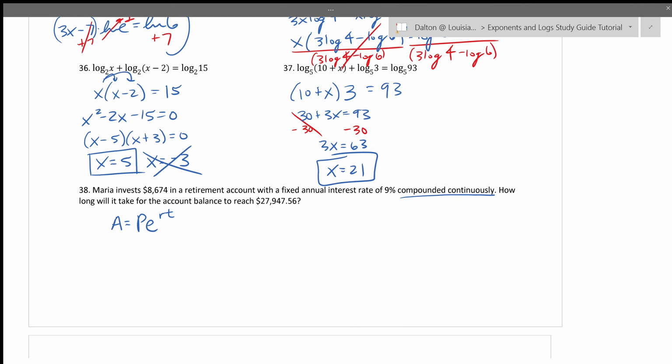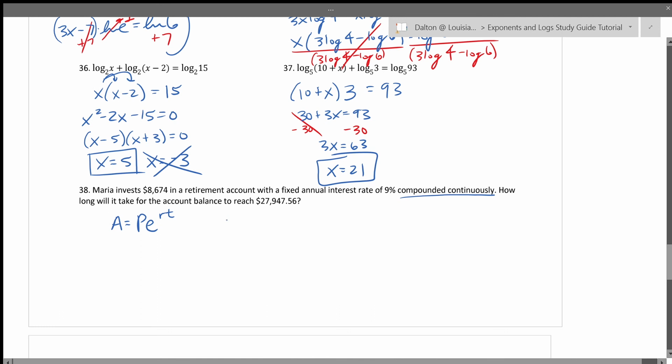So if I substitute in what I know, my final balance is $27,947.56 equals P, our principal, our initial investment, which was $8,674, times e to the rt power, rate 9% is 0.09. And then t is what we're solving for when it says how long will it take.